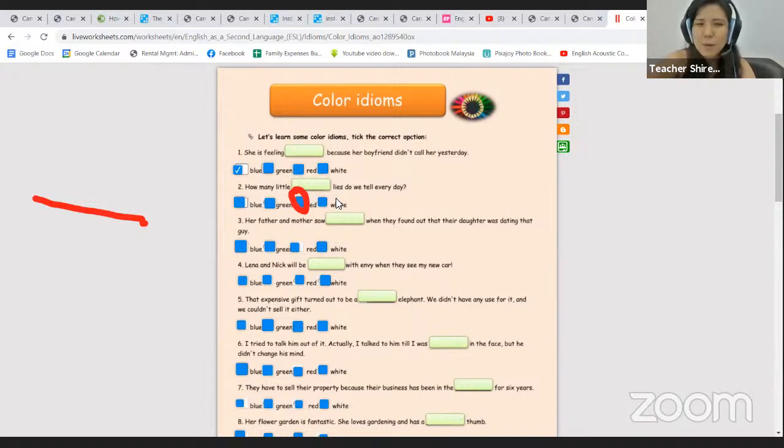It's a good lie, it's very pure. Pure, what color? White lies. That's right. Okay, her father and mother saw red when they found out their daughter was dating that guy. So what color?